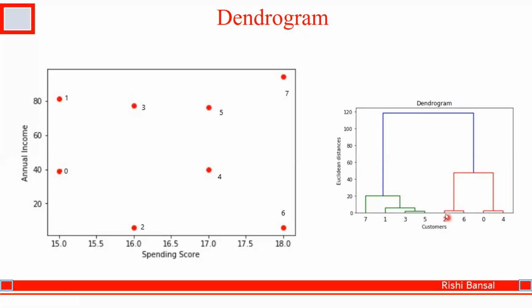And the vertical line for 2 and 6 says what the Euclidean distance between these two is. Euclidean distance is nothing but the dissimilarity between these 2 points based on the columns or features you have selected. In our case, we have selected 2 features, spending score and annual income, and based on that this graph is plotted.